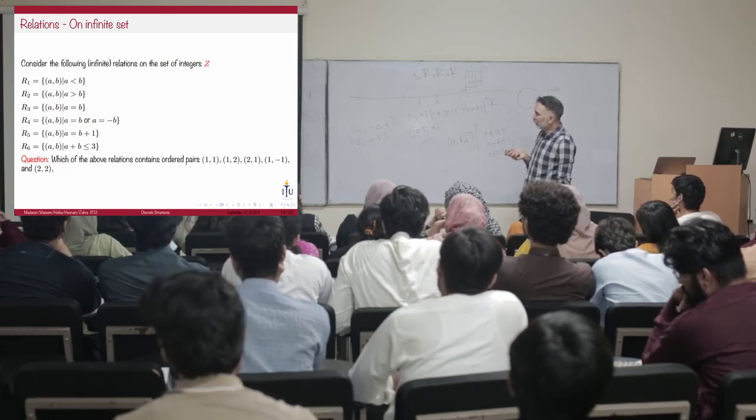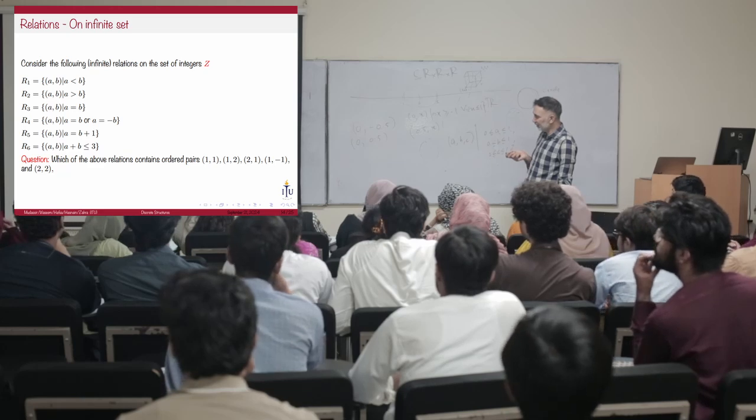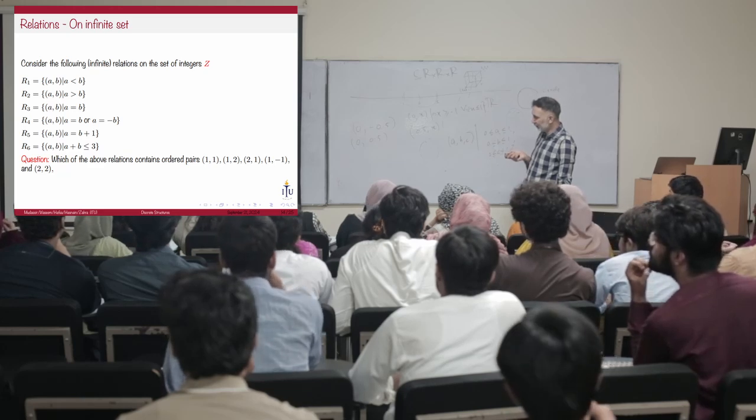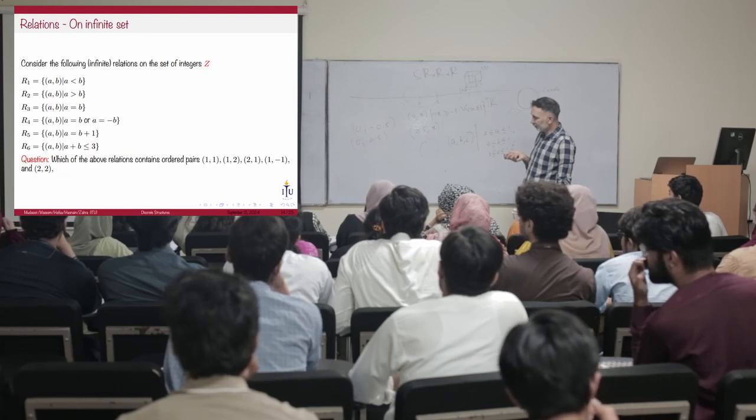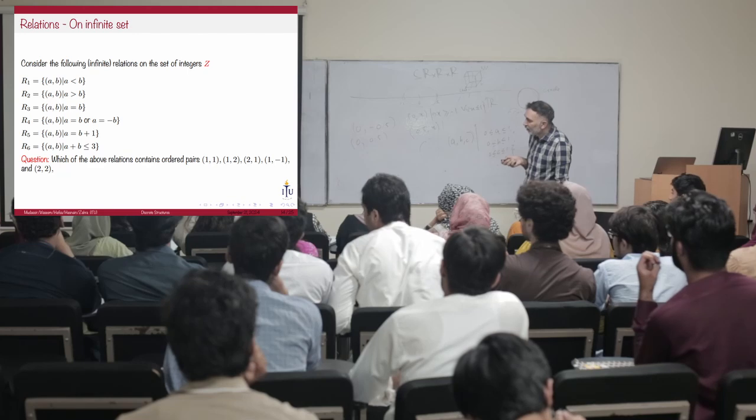1 2 is in R1. It's not here, it's not here, it's not here, it's in here, R5, and it's also in here. Oh, it won't be in R5, it's not in R5.